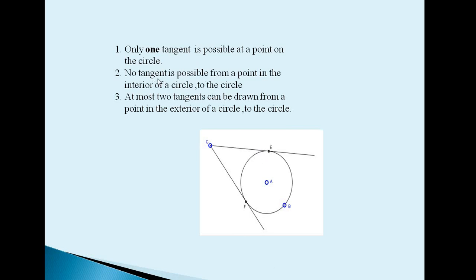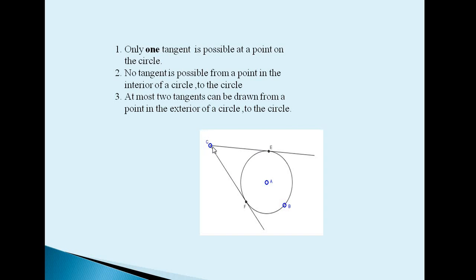No tangent is possible from a point in the interior of the circle. Supposing I take any point A, here I cannot draw any tangent, because as per the definition, a tangent is a line which touches the circle at one point. At most, two tangents can be drawn from a point in the exterior of the circle.